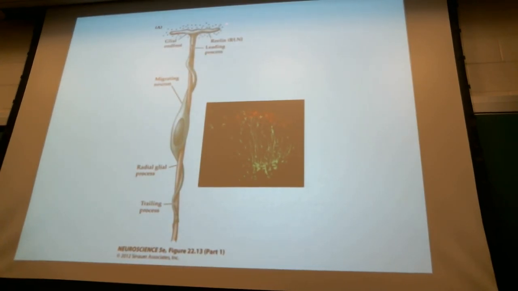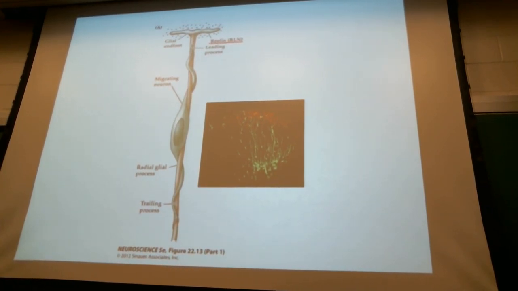So this is the radial glia, and then the green thing, a young neuron, will migrate. But when they migrate to the top of this radial glia cell, there is a signaling molecule called reelin. What it does is signal this migrating neuron to get off, stop migrating. So this is the migrating neuron in green, and this red thing is the reelin.